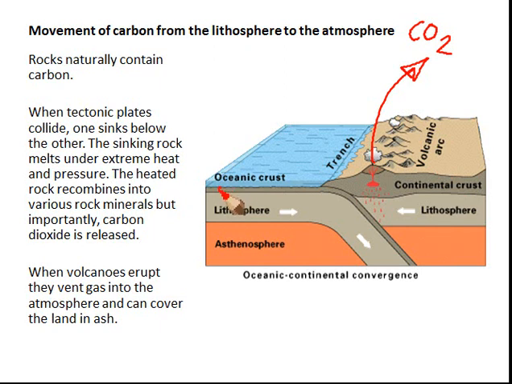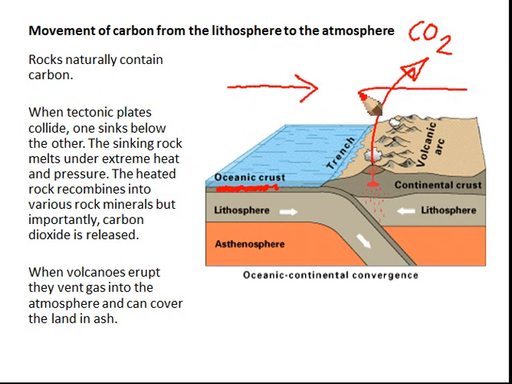So the carbon is contained quite naturally in the Earth's crust, in rock in the Earth's crust. And we know that the Earth's crust sits on tectonic plates, and these plates are always moving. Now they move incredibly slowly, so we're talking about geological time scales.